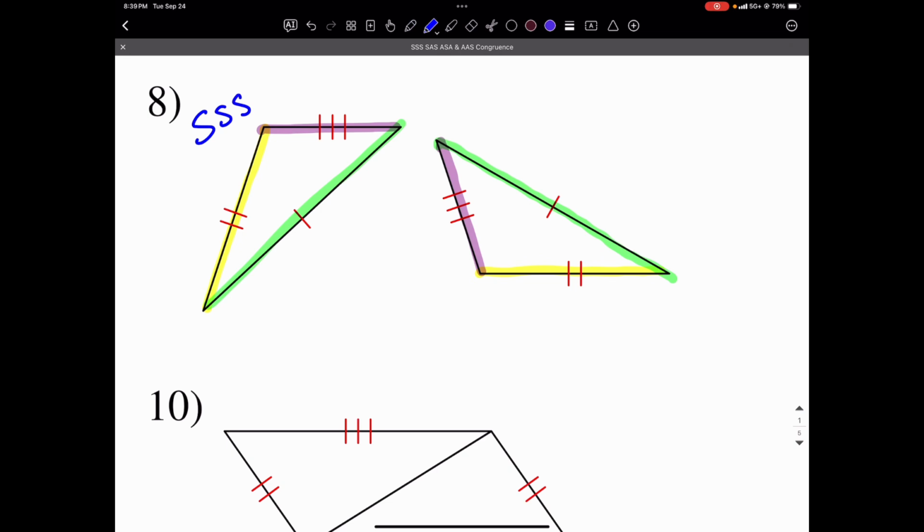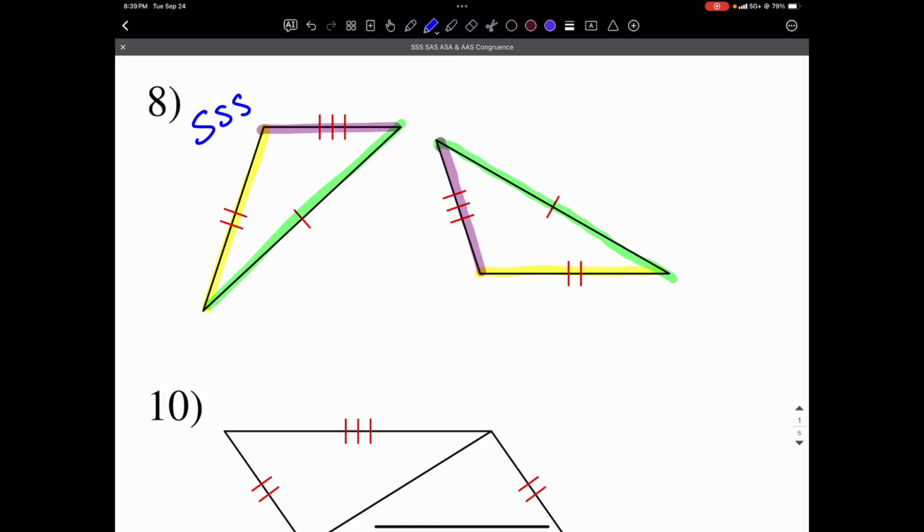Now, one thing to note about side, since it's the first time it comes up, is anytime you have two triangles and the corresponding side lengths are the same, it doesn't matter how you assemble it, it's going to be the same triangle.